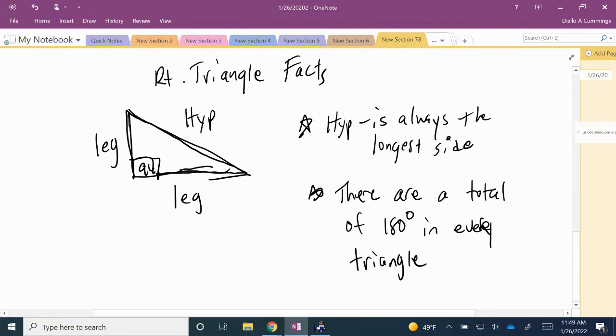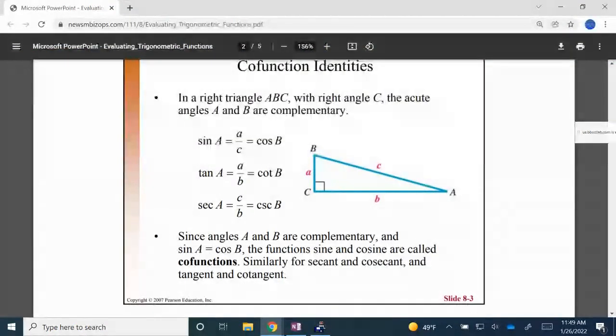So if this is 90 degrees, then angles A and B have to add together to give us 90 degrees, for the total of 180 degrees. Not necessarily a right triangle, but every triangle must have this. So these are two facts: the hypotenuse is always the longest side, and there are a total of 180 degrees in every triangle. So angles A and B must total together to give us 90.